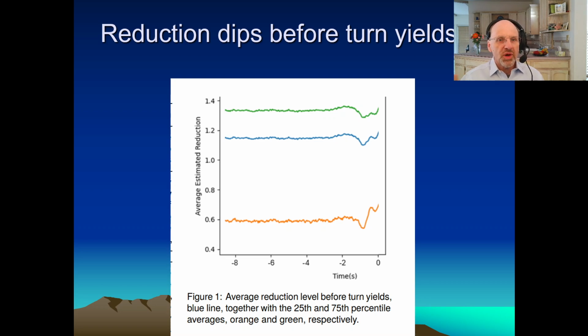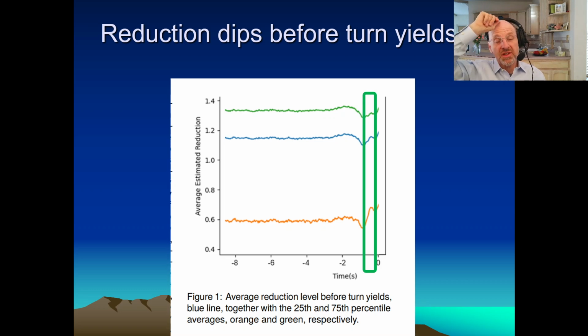So at the point before those turn yields, what does reduction do? Well, about a second before, there's a dip in reduction. In other words, people tend to pronounce the word about a second before turn yield a little bit more clearly, and then some reduction happens. This is something that's being discussed in the literature, but here, by virtue of having the tool, we can apply this to 10,000 turn yields and find the pattern a lot faster.